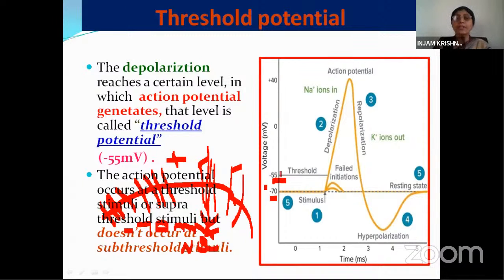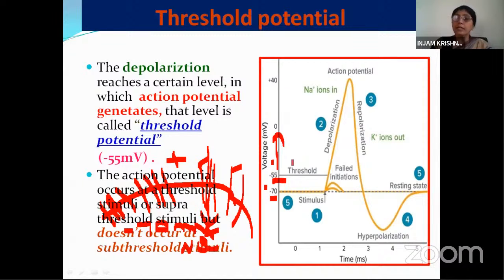Supra-threshold means it goes further toward the zero side, that is minus 52, minus 45, minus 30, even to zero. Anyhow, from minus 55 it reaches zero and goes up to 45. 45 is called the peak potential. Yesterday we discussed all of them, isn't it?